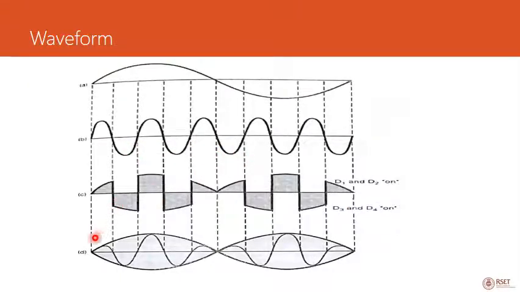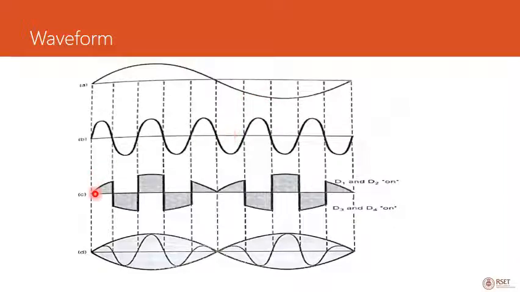So the output from the balanced modulator, which is represented in D, consists of a series of RF pulses whose repetition rate is determined by the RF carrier switching frequency, and the amplitude is controlled by the level of the modulating signal.